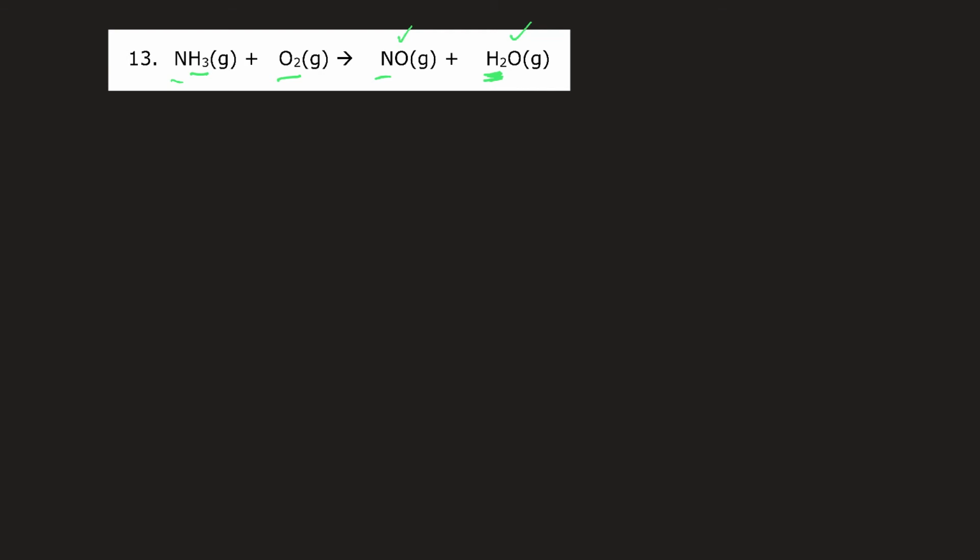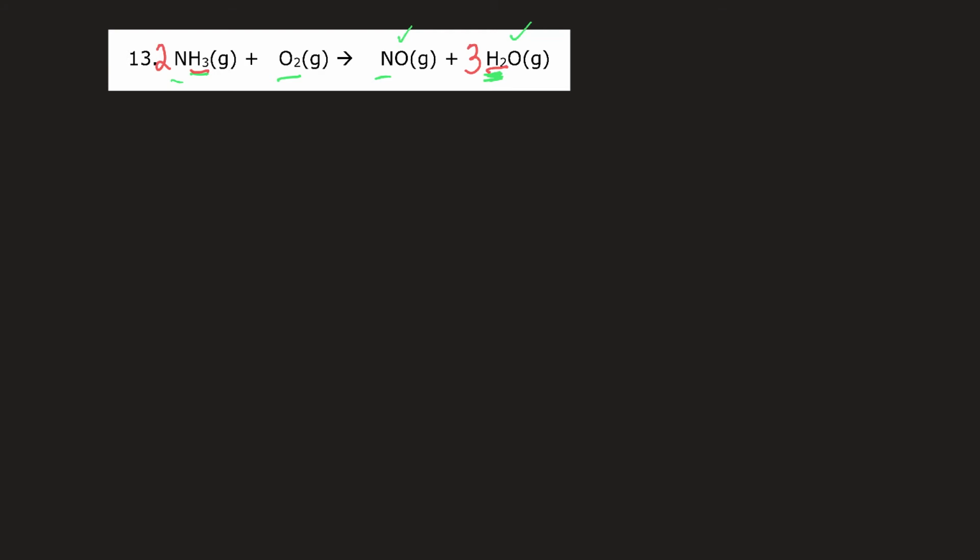Well, what I'm looking for is the hydrogens. I have 2 here and 3 there. If I go common denominator 6, let's maybe try that. I don't know if it'll work, but let's give it a shot. So if I put a 2 there, that'll give me the 6 hydrogens. If I put a 3 here, that'll give me 6 hydrogens on that side.